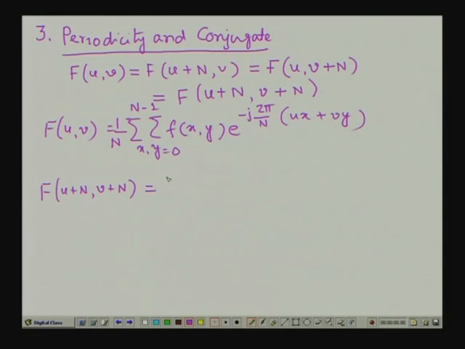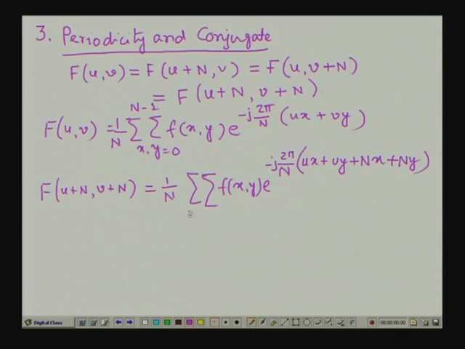Following the same expression, this will be nothing but 1 upon capital N, double summation f(x,y) e to the power minus j 2 pi upon capital N, and now we will have ux + vy plus Nx plus Ny, because u is replaced by u plus capital N and v by v plus capital N, where both x and y vary from 0 to capital N minus 1.